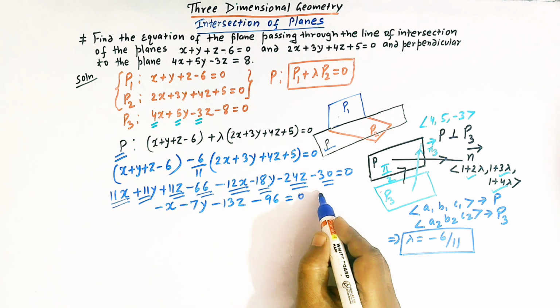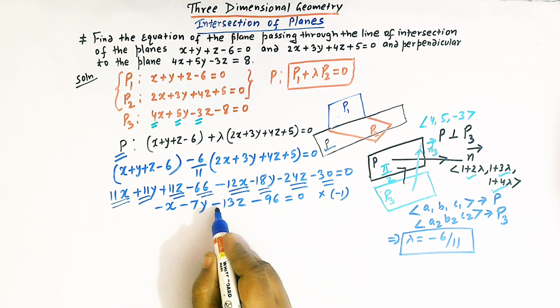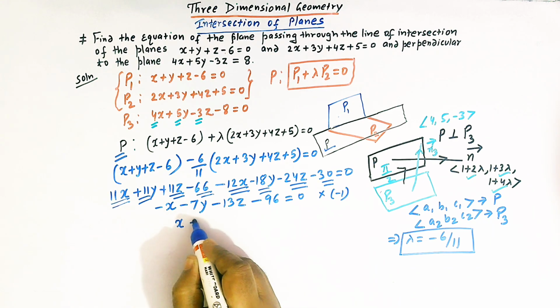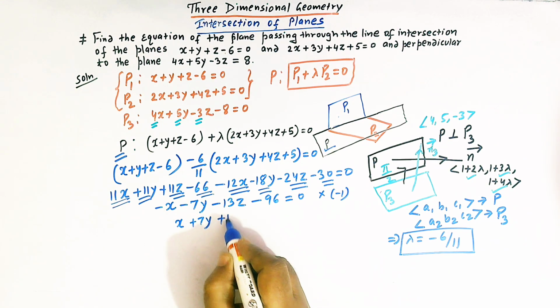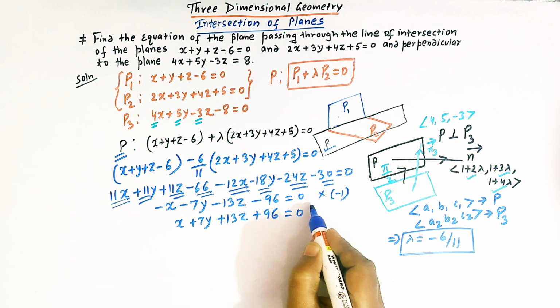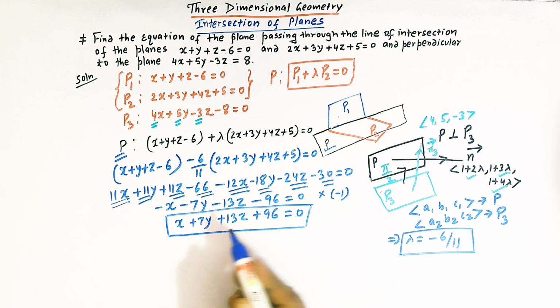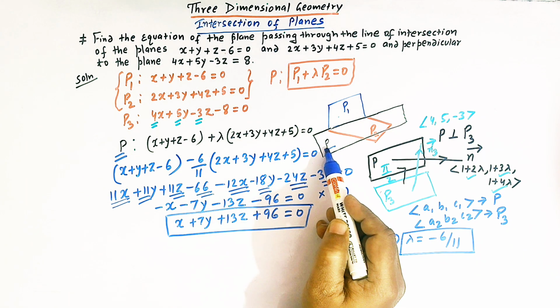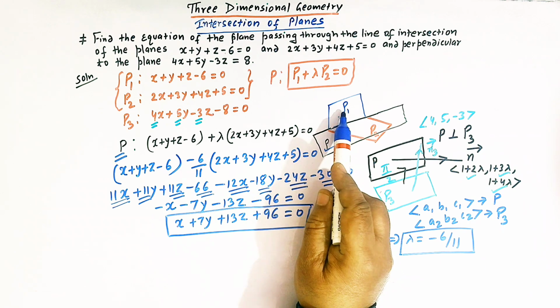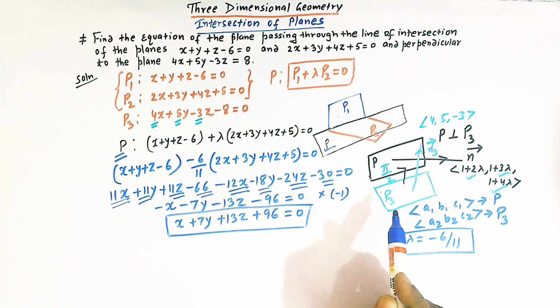Now multiplying throughout by minus 1, all the terms become positive. So we have x plus 7y plus 13z plus 96 is equal to 0, right? So this is our Cartesian equation of this plane P, which passes through the line of intersection of P1 and P2 and perpendicular to P3.